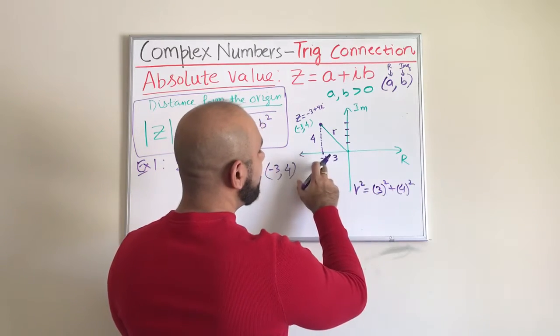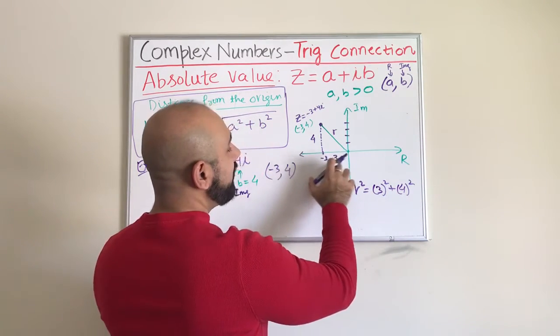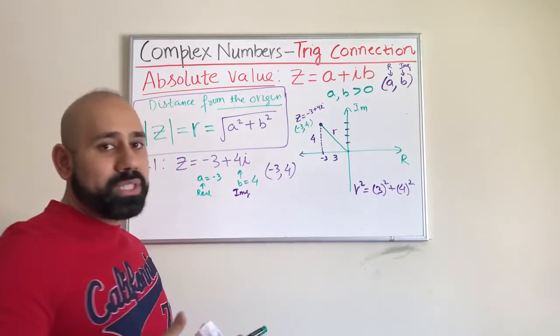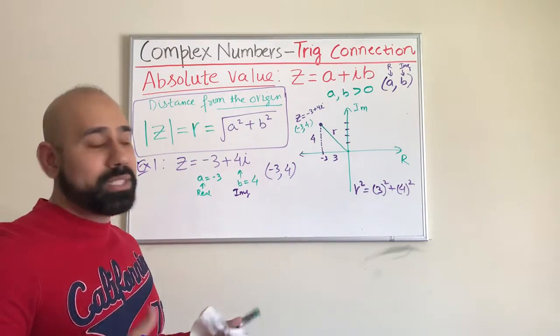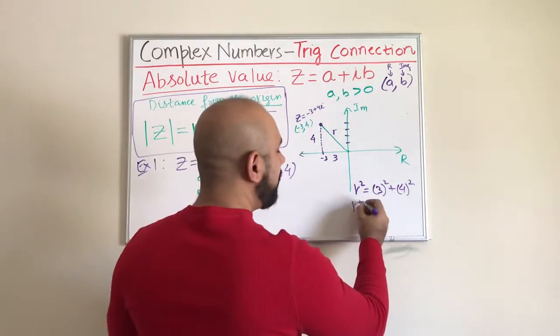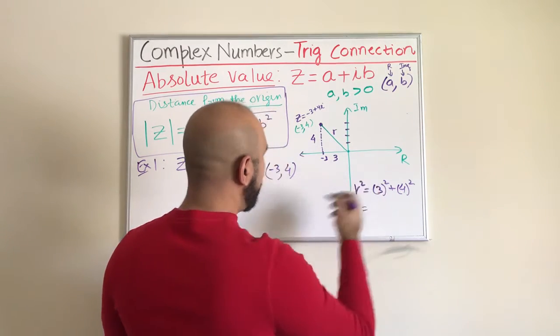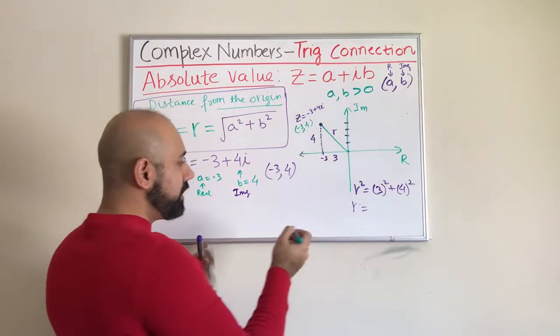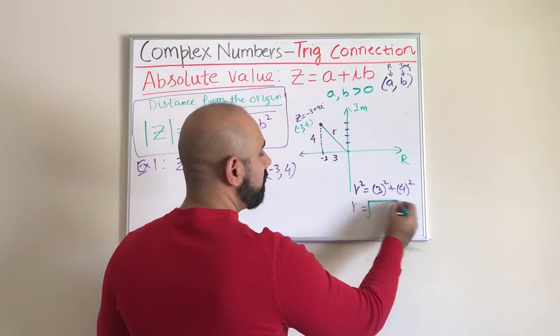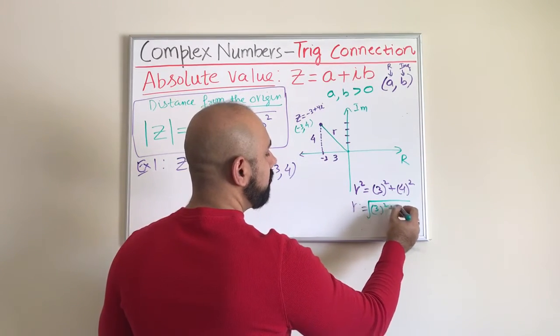Guys, keep in mind this is 3 units to the left, but when we think about the distance, we're just going to consider the absolute value, which is positive 3. So r squared is this, and if I have to find just the r, because we are interested only in finding the distance, which is given by r, it is going to be the square root of 3 squared plus 4 squared.